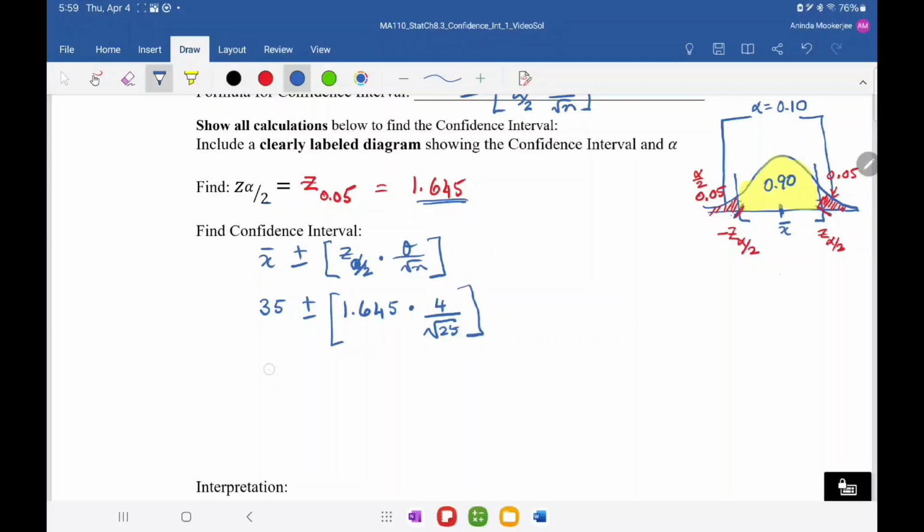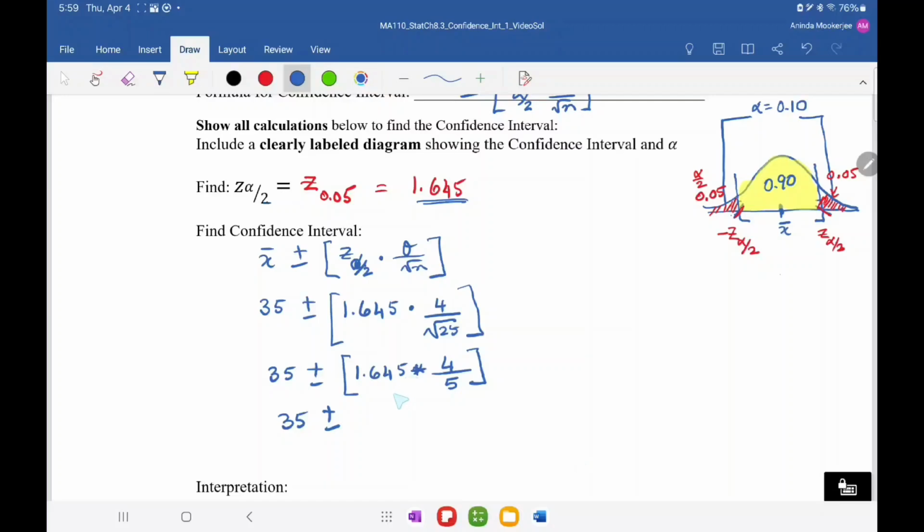So we'll end up with 35 plus minus 1.645 times 4 over square root of 25, which is 5. So again, this is a multiplication: 1.645 times 4 divided by square root of 25. When we do this calculation, you have to do the 1.645 times 4/5 first, and then add or subtract that value to the 35.